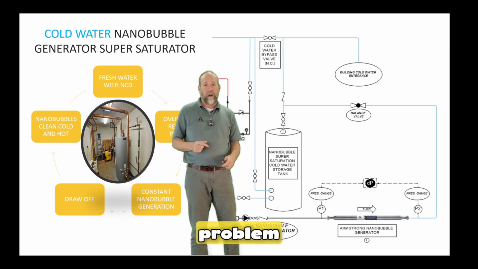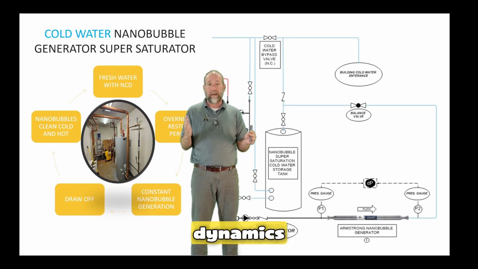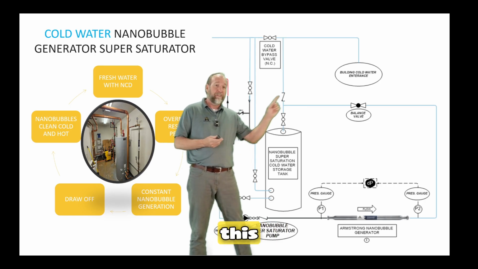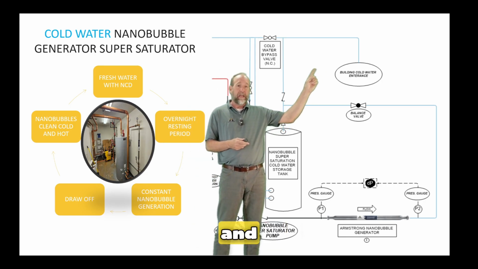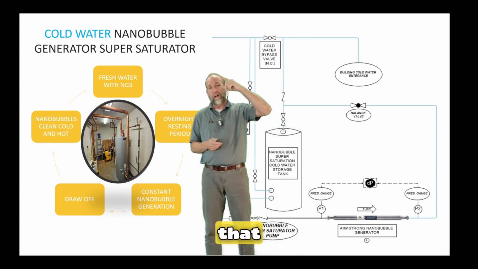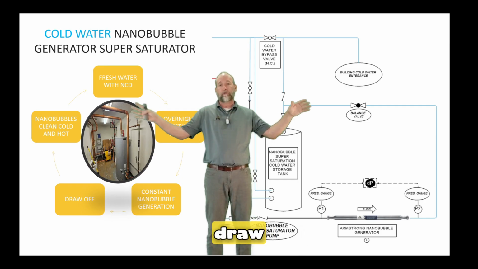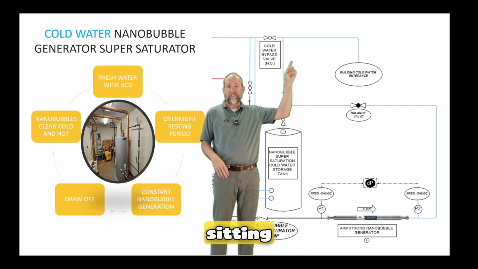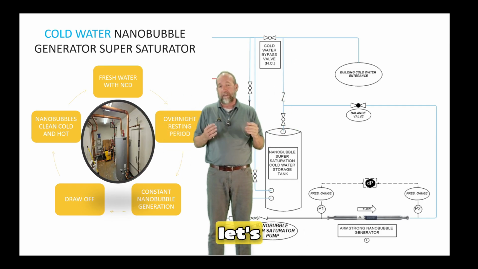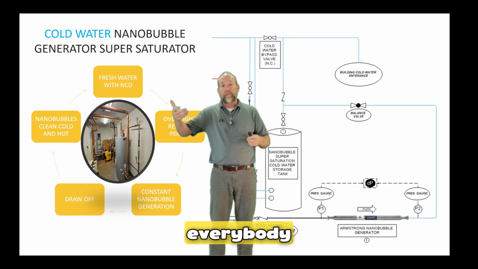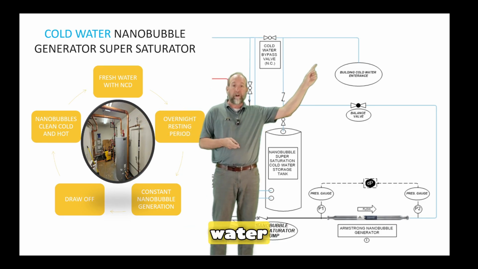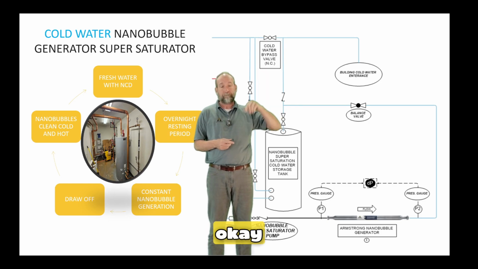But the bigger problem is you have to understand the dynamics of a plumbing system, okay? This water is coming in at a certain pressure, and then that pressure has to push all that water throughout the whole building, right? So let's say you have a building and there's no draw off, there's no demand. That's just sitting there at 70 PSI, let's say. Now what happens is everybody starts opening faucets, right? And the water starts flowing through this line, okay?